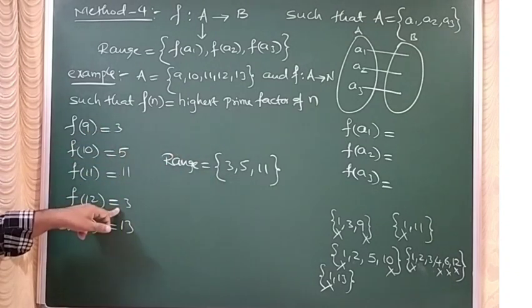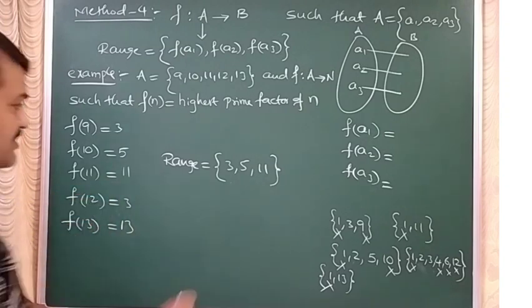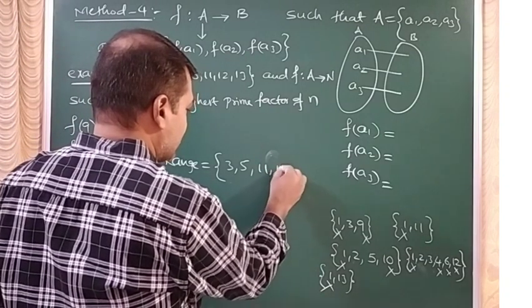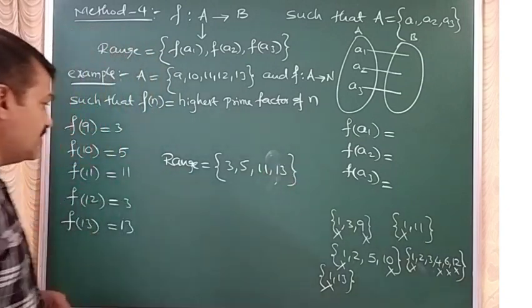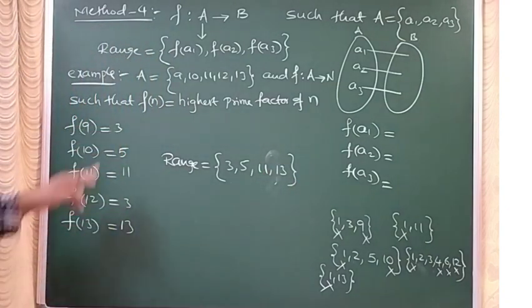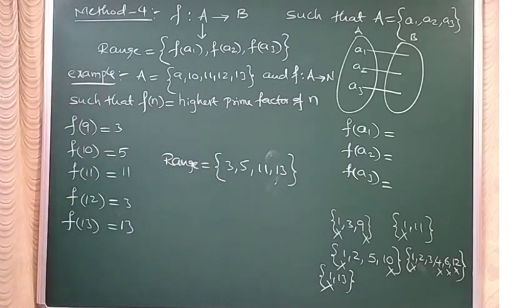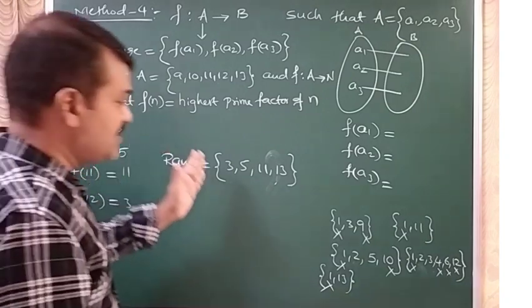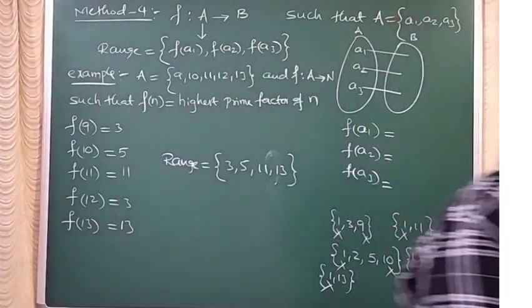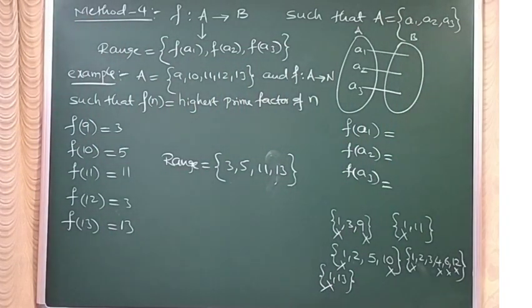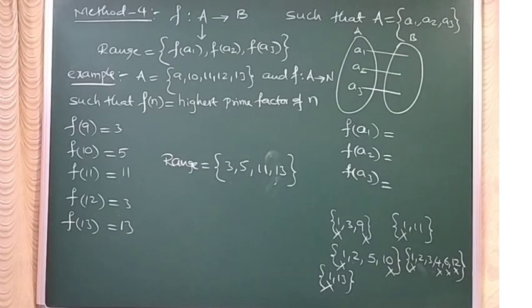Okay, 13 I missed here. So we have 3, 5, 11, and 13. This is the range. So whenever the domain is finite, we can simply find the images of each and every element in the domain.